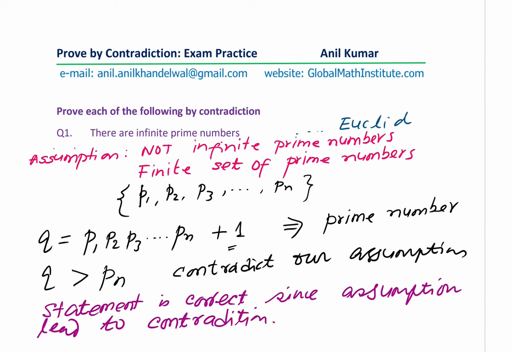Do you see that? So that is how we could prove by contradiction that the statement is correct. Perfect. So I hope you got the concept.